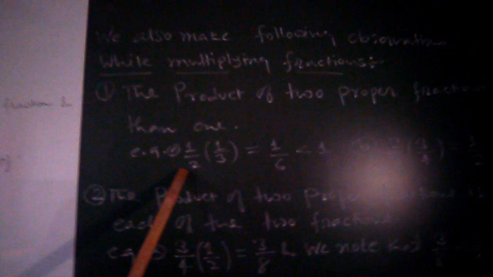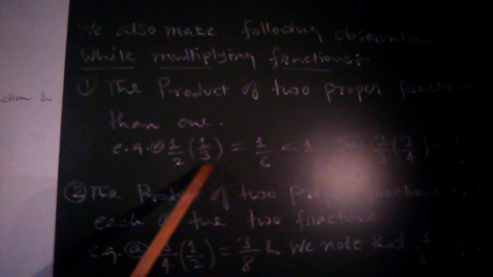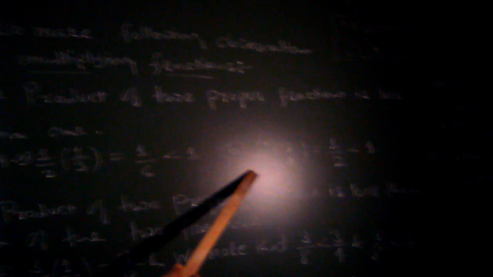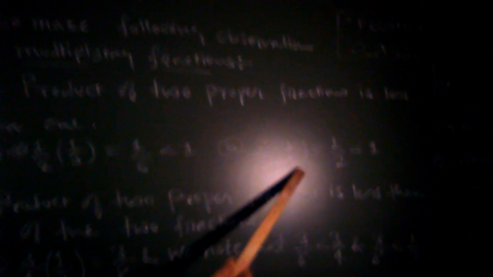For example, when we multiply half with 1/3, the result is 1/6, which is less than 1. When we multiply 2/3 with 3/4, the result is half, which is again less than 1, and both are proper fractions.